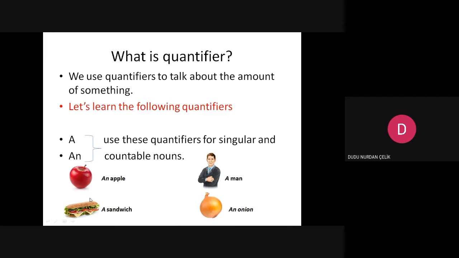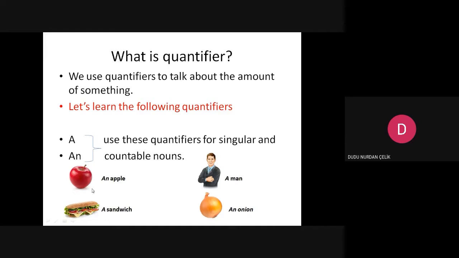Look at our first example, apple. This is just one apple. One means singular. And for singular nouns like apple, like man, like onion or sandwich, we use A or AN. These are also countable.